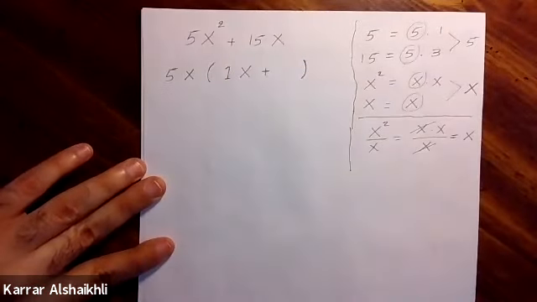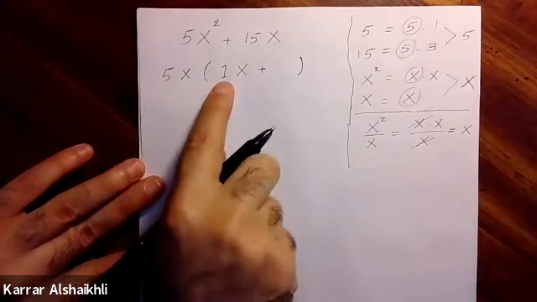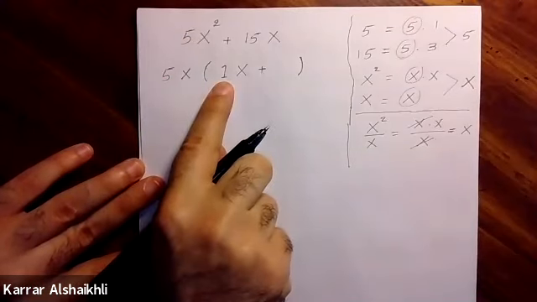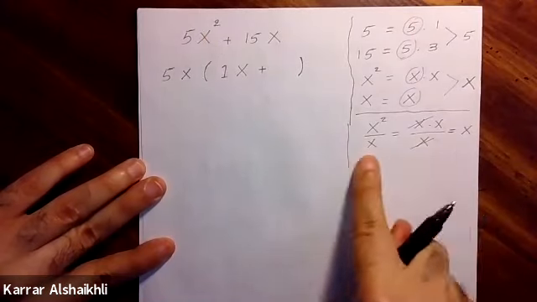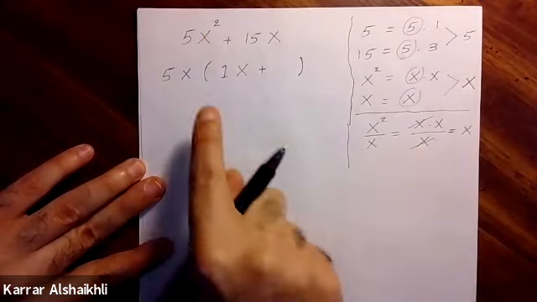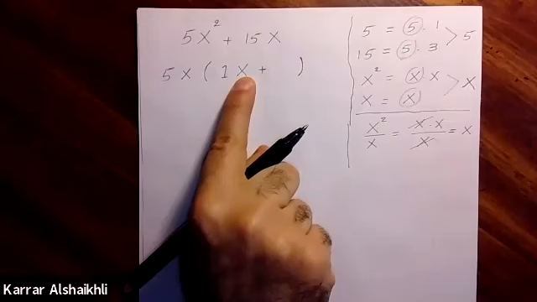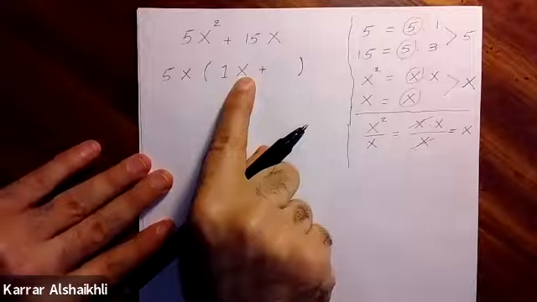Sir, I'm getting confused. We're gonna divide the 5 over 5, divided by 5 is 1. X squared divided by x, I'm doing it here for you on the side, so you're gonna understand what I'm doing. Okay, it will be 1. X, it will be x. Yes, just the x. Okay?